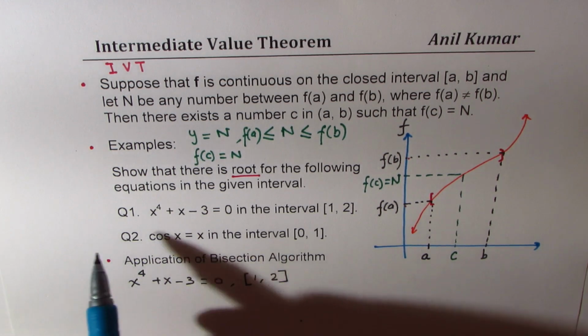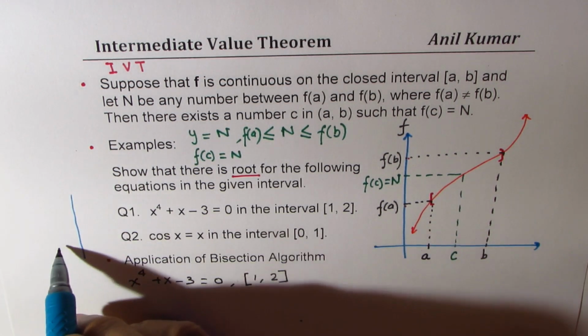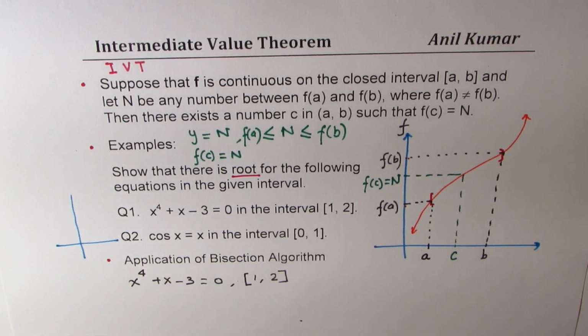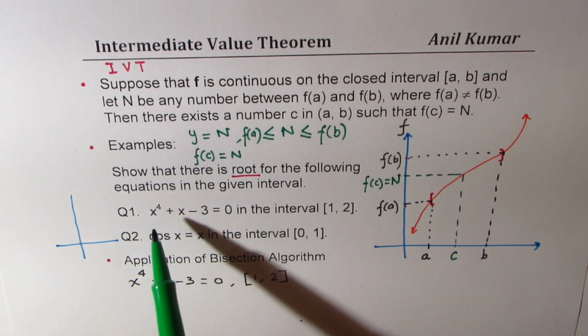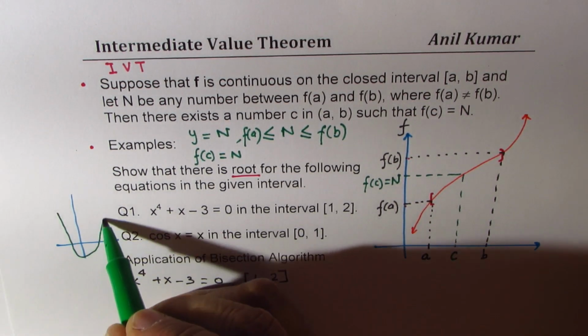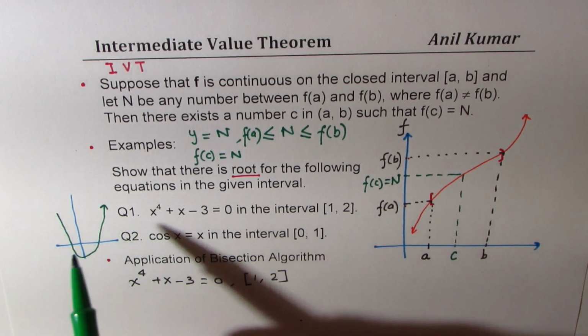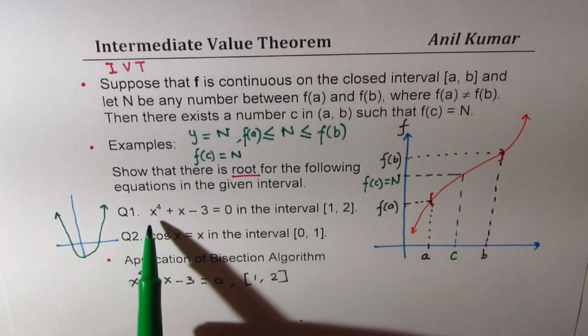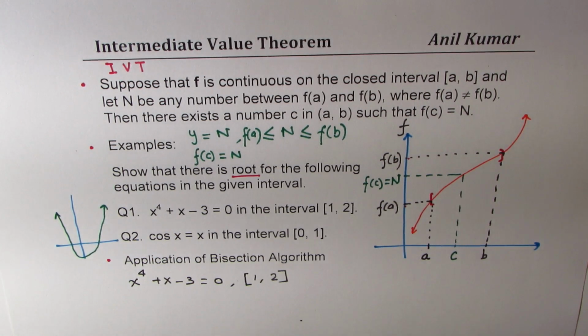So if you sketch this function, let me make a rough sketch here. In that case, you'll find this is a degree 4, so somewhere the polynomial will go like this. The leading coefficient is positive, so both sides are up.